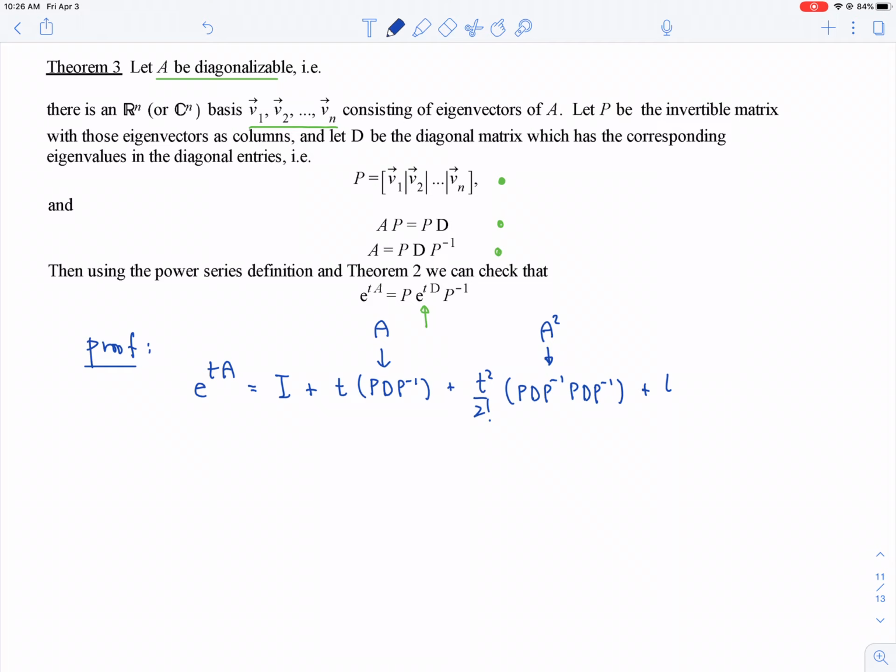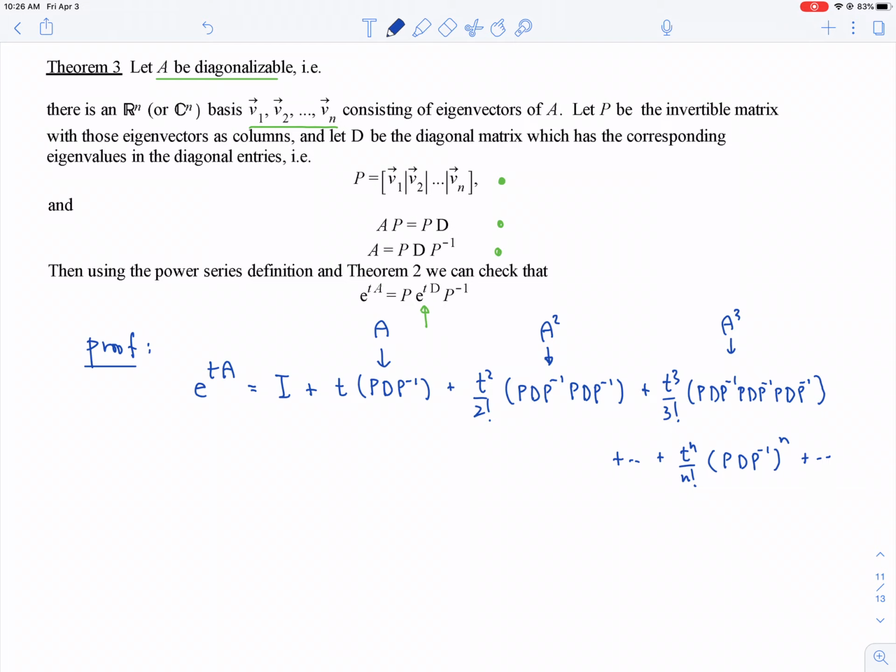I'll write one more term this way, just to hammer home what we're doing here: P D P inverse, P D P inverse, P D P inverse. The general term is t to the n over n factorial A to the n. May as well write it as (P D P inverse) to the n.